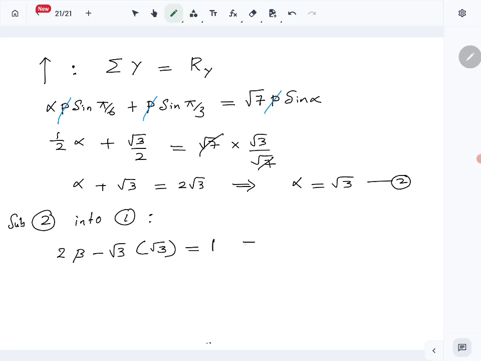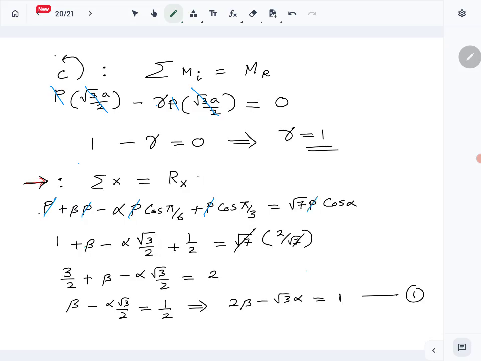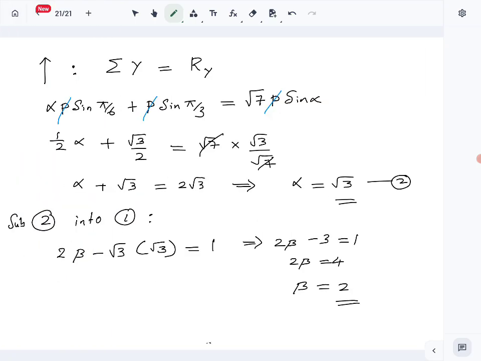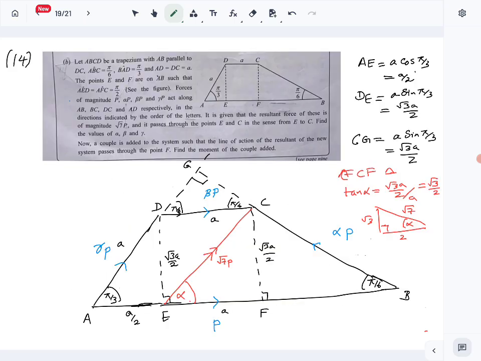So 2 beta minus 3 equals 1, or 2 beta equals 4, or beta equals 2. Right. So those are our alpha, beta, gamma values: gamma is 1, alpha is root 3, and beta is 2. So that part is done.